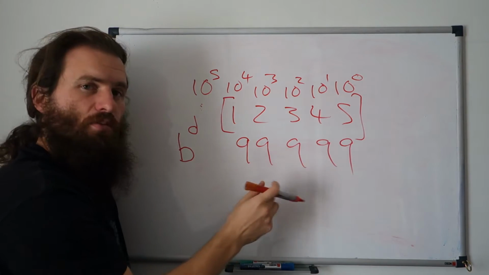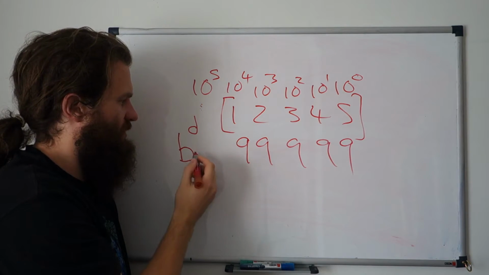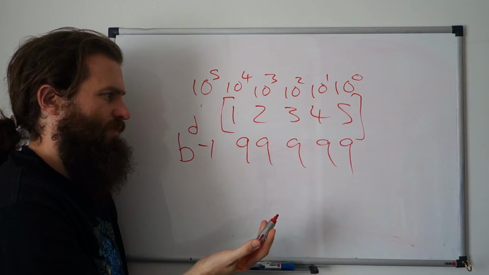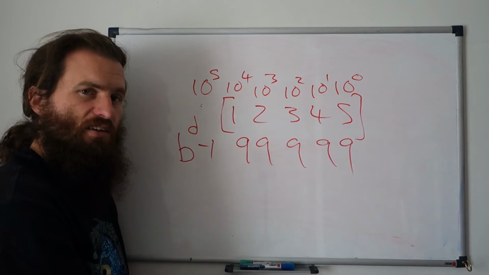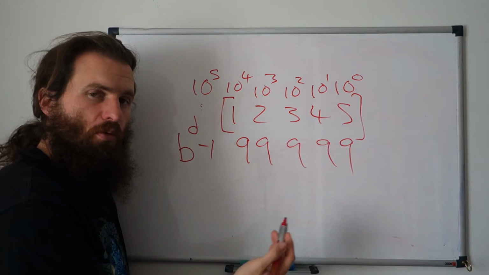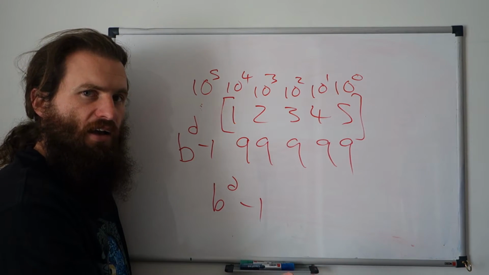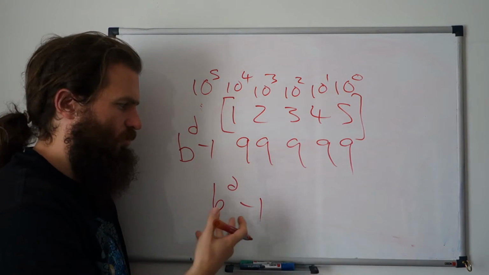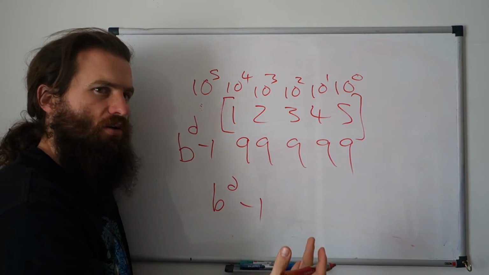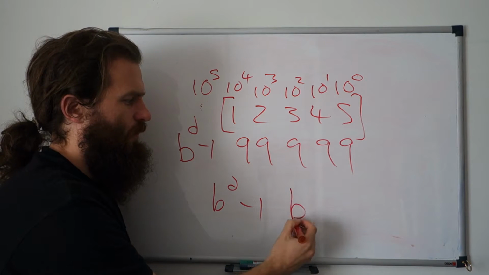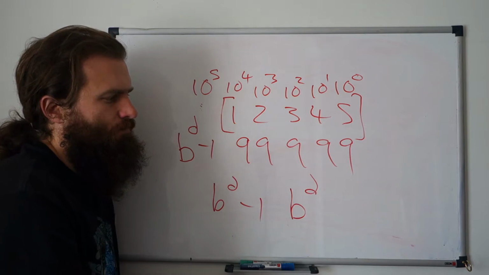And then to get the maximum number, it's just base to the power d minus 1. So for base b and d digits, the maximum number we can represent is base to the power d minus 1, and the number of different numbers we can represent is always that plus 1, because we've got the digit 0, so that's just base to the power d.